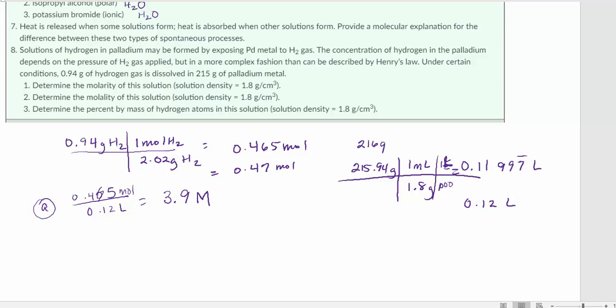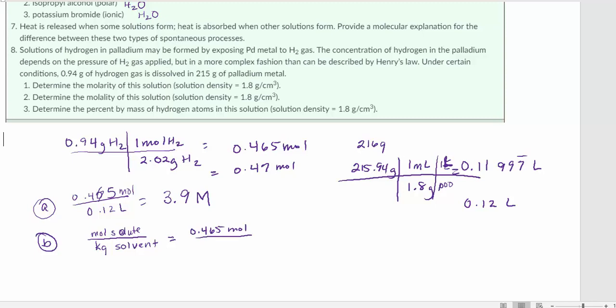For B, in order to find the molality, remember that molality is moles of solute per kilograms of solvent. In this case, we do not need the solution density, although it is given to us. So the moles of the solute, which we calculated up here, and the kilograms of the solvent. Now we're told we have 215 grams of our solvent.